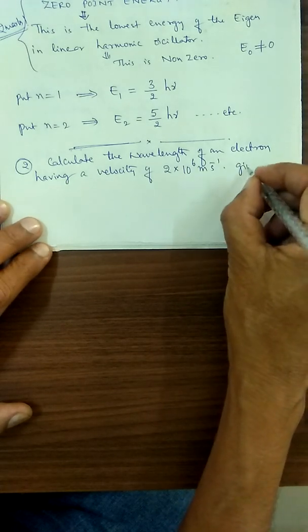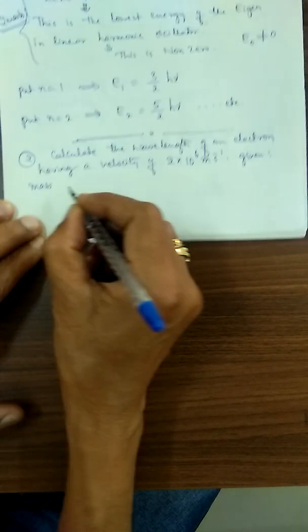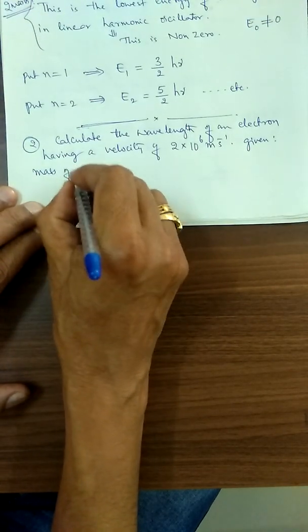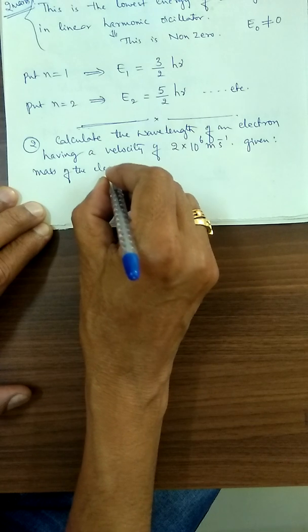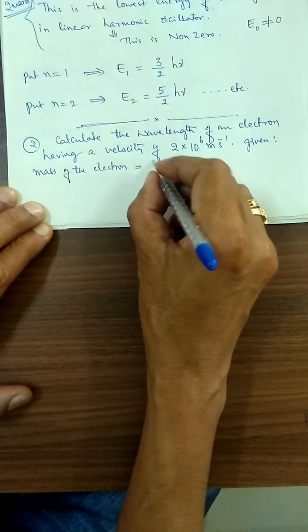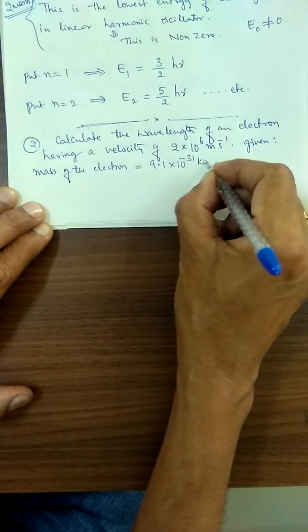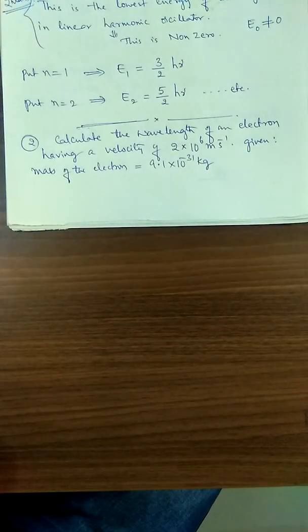Given, mass of the electron equals 9.1 into 10 to the power minus 31 kg. First you write the data.